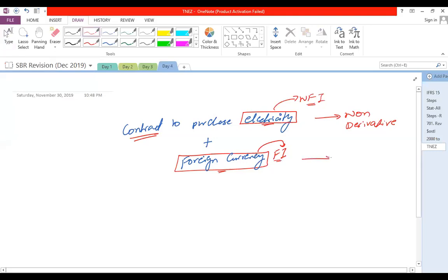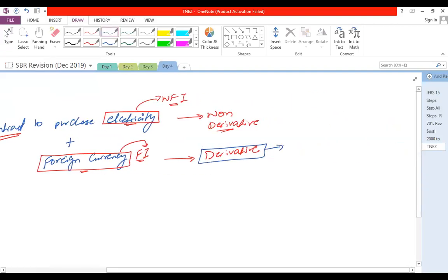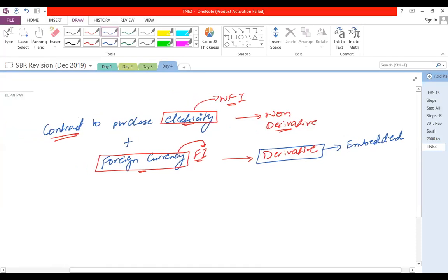So the financial instrument impact of the foreign currency is going to be called a derivative. And any derivative which is along with a non-derivative is called an embedded derivative, an attached derivative, an included derivative. So cases where we have a foreign currency impact, then we say it's an embedded derivative.